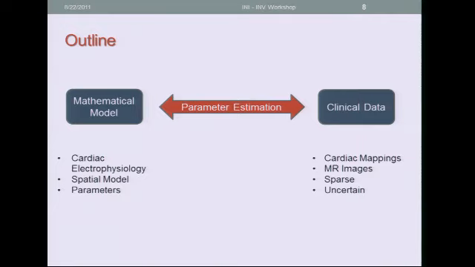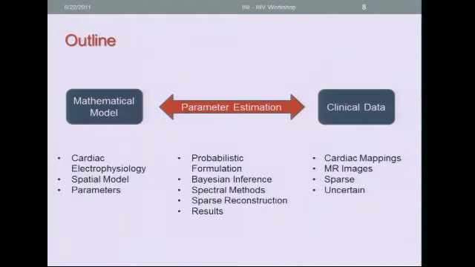Then I will give details about what the clinically available data are, the cardiac mappings, the dynamic MR images, and I will focus on the intuition or the characteristics of this data, such as sparsity and the noise. Based on these observations, I will detail the method, the probabilistic formulation, and specifically focus on the Bayesian inference, and how this can be done in a feasible time without spending 20 to 25 days of computer time.